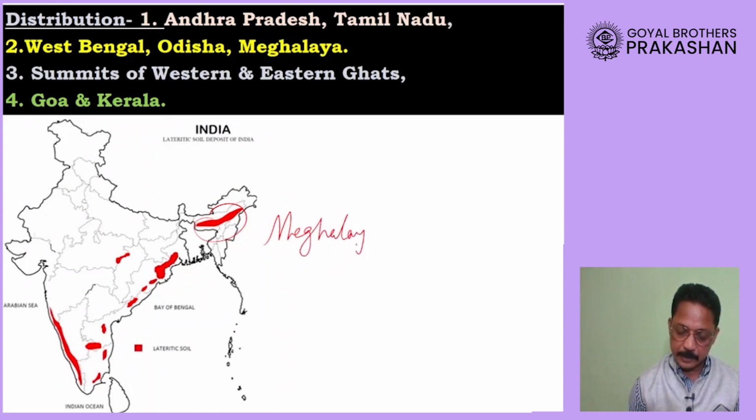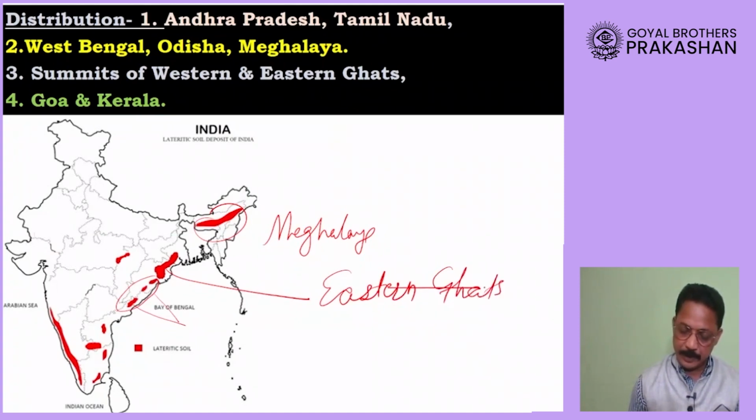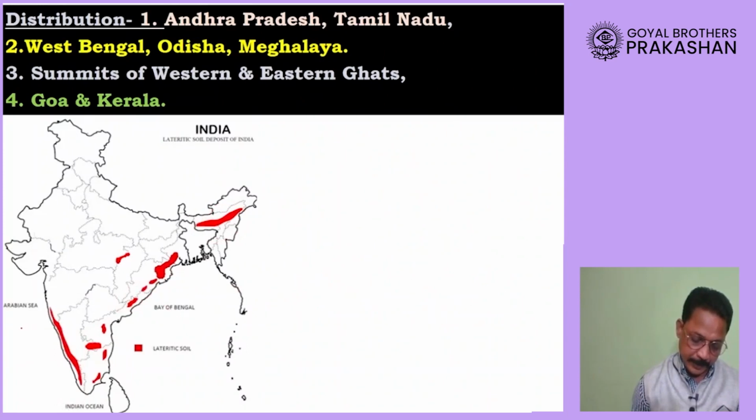Okay, it is also found here in Orissa. Then here on the eastern side, if you remember, there is a presence of Eastern Ghats. Similarly, on the western side, there is a presence of Western Ghats.